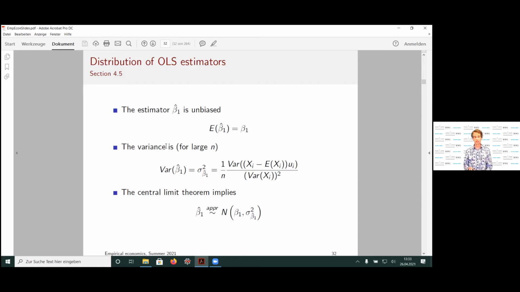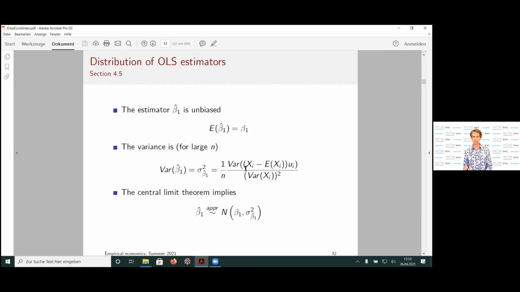And deriving this variance is tricky if the sample size is small, but if the sample size gets larger and larger, then certain terms drop out and can be neglected, and the terms that remain are the ones given here. So if n is large, then the variance can be computed in this way.